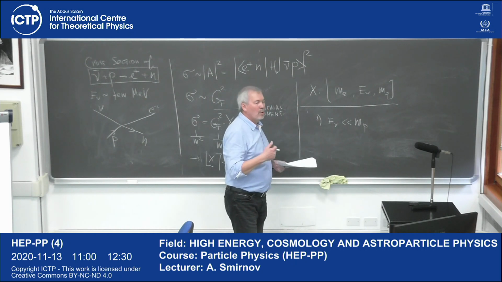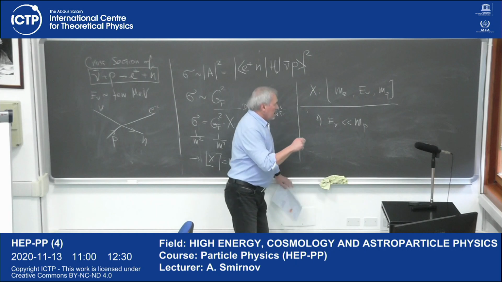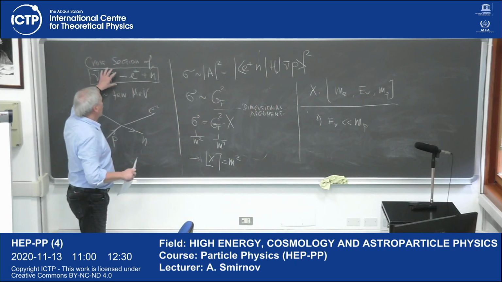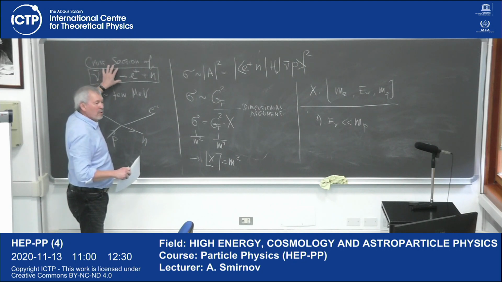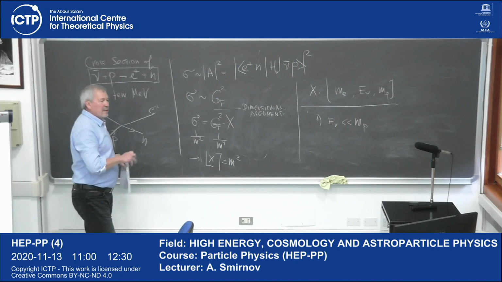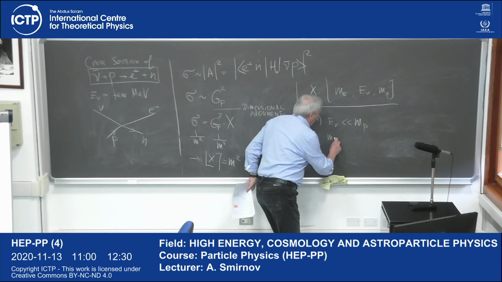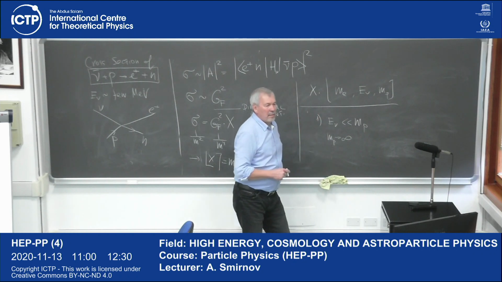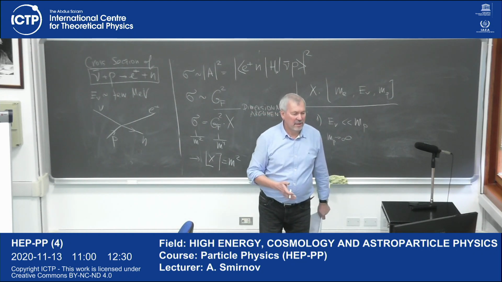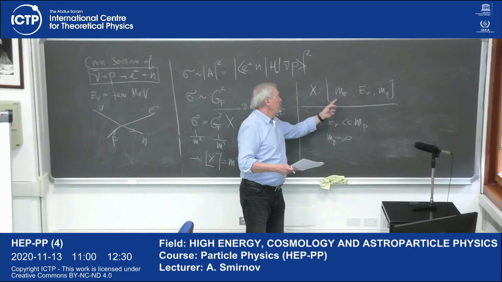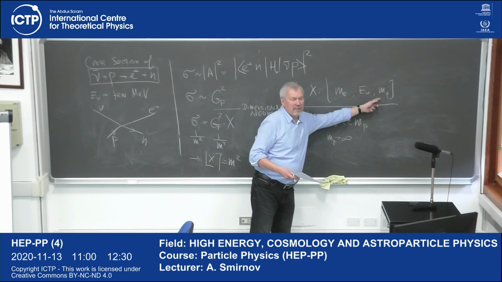At least 2 orders of magnitude. This means that I can neglect all kinds of recoils of the proton, and consider essentially that the mass of the proton is infinite. It doesn't take any energy. And therefore, this means that x should not depend on the mass of the proton.